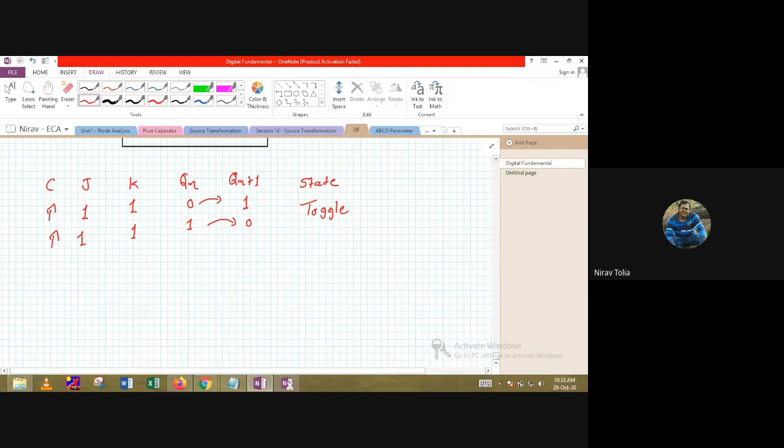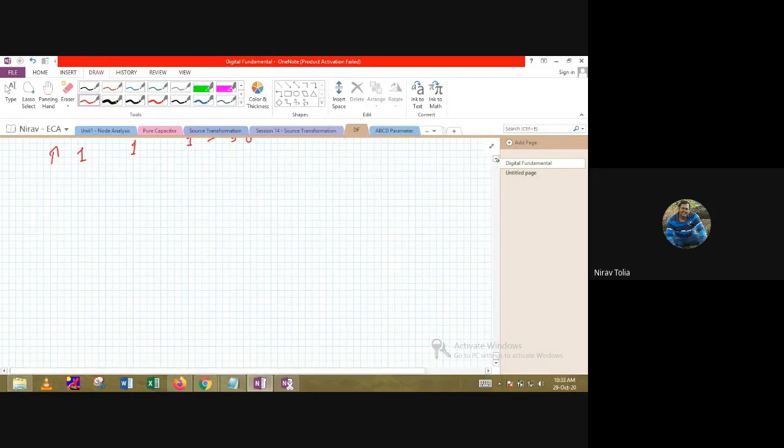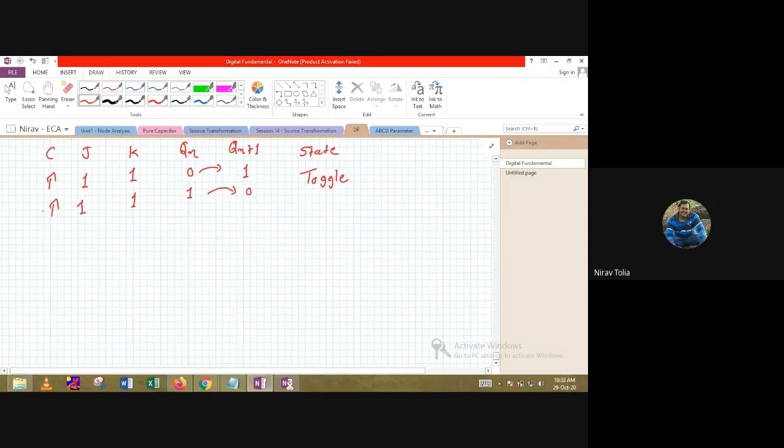Okay, all the other things remain the same. Let me write down the truth table of the JK flip flop. Suppose we are giving the clock every time. So we have possibilities that my J and K are 0 0, or my J is 0 but my K is 1, or my J is 1 and my K is 0. Let's say every time we are giving the clock.